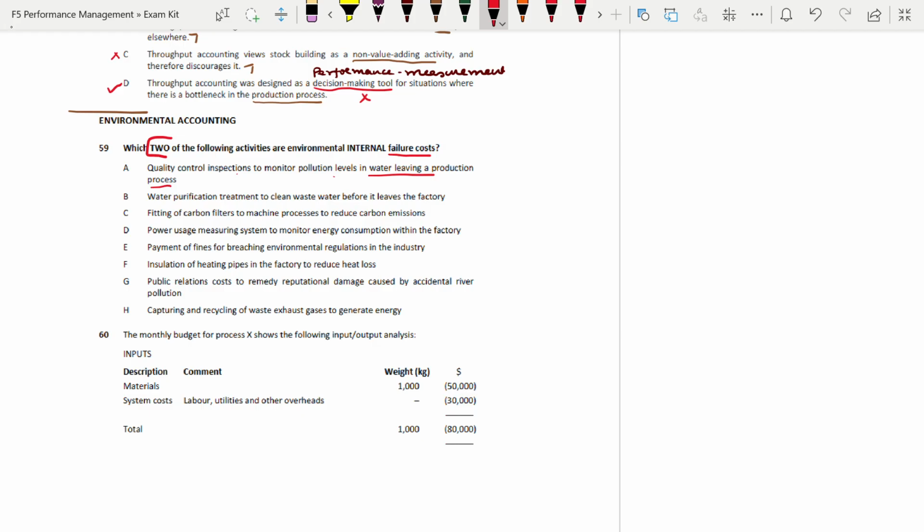Is it okay? Yes. Water purification treatment to clean wastewater before it leaves the factory.